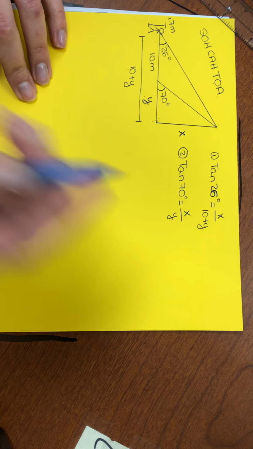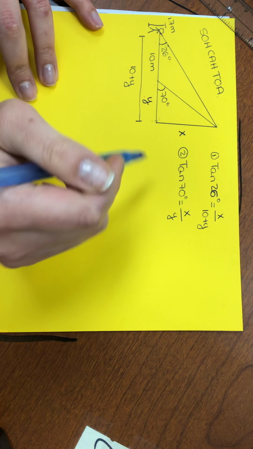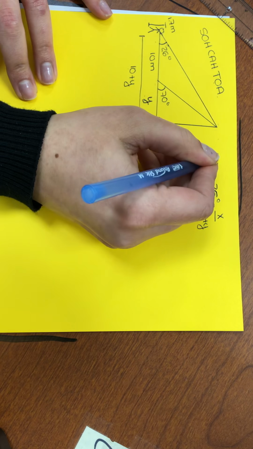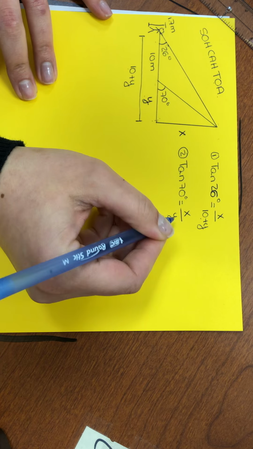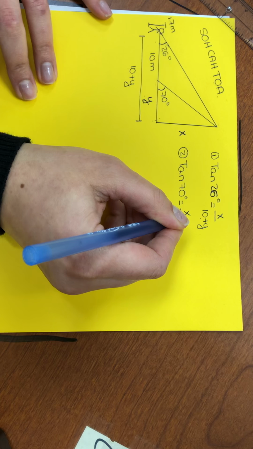Then I have to solve both equations for x. In order to solve for x, this one will go to the other side multiplying, because it is dividing x. y as well will go to the other side multiplying, because y is dividing x as well.